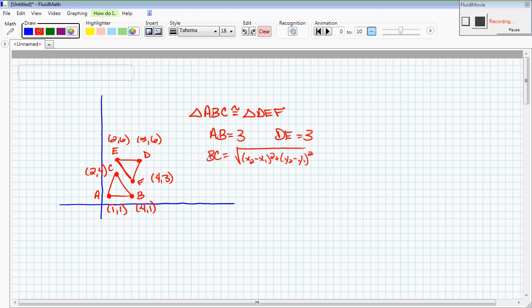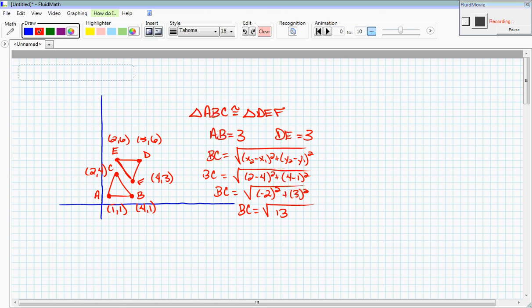Okay, and we are calculating the distance from B to C. So we'll do 2 minus 4 squared plus, now we're going to do 4 minus 1 squared. And the length of BC is equal to the square root of negative 2 squared plus 3 squared. So BC equals the square root of 4 plus 9, which is 13.